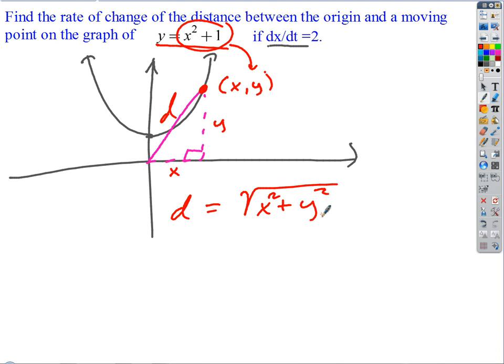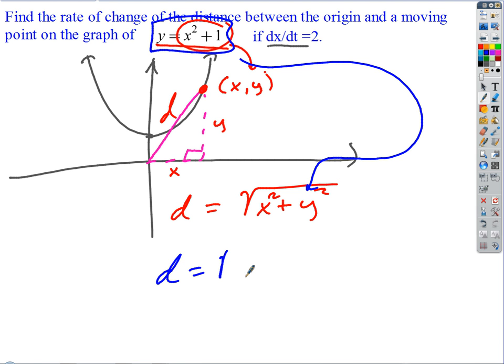But see how the algebra really is just two ways of saying the same thing. If we make this substitution, and we would probably put a box around our substitution equation, and substitute, we end up with d equals the square root of x squared plus the quantity x squared plus 1, squared.